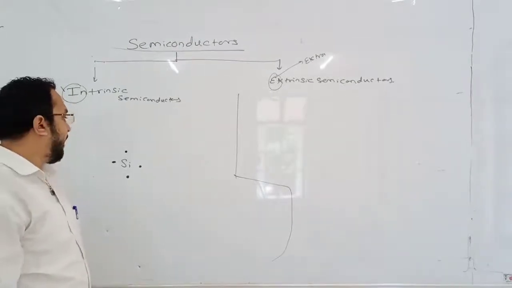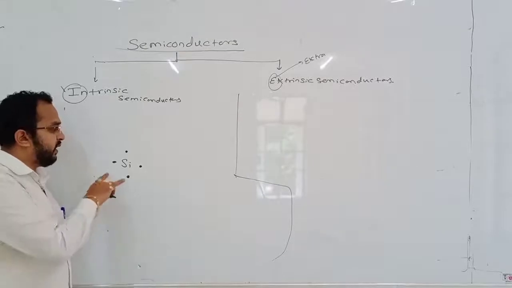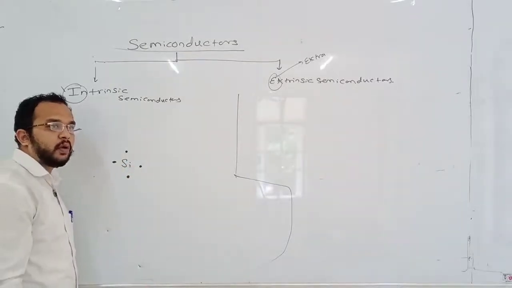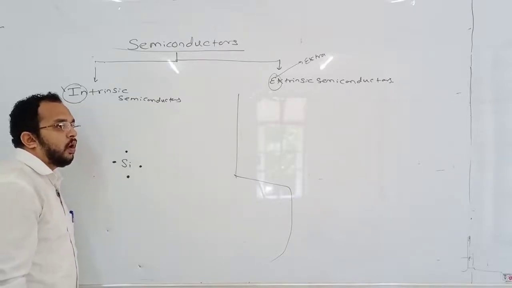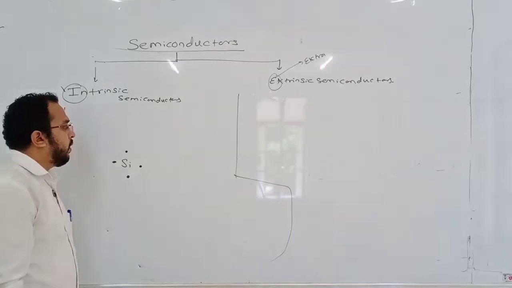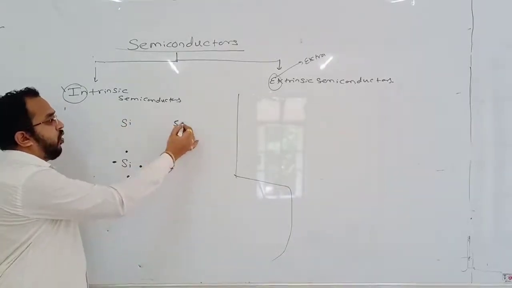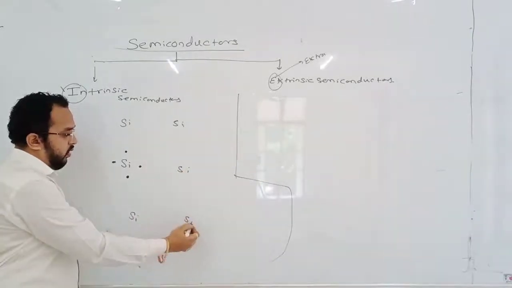Okay, so 4 electrons in outermost shell, 2, 8 and 4. Okay. Now it is surrounded by silicon atoms in all sides.